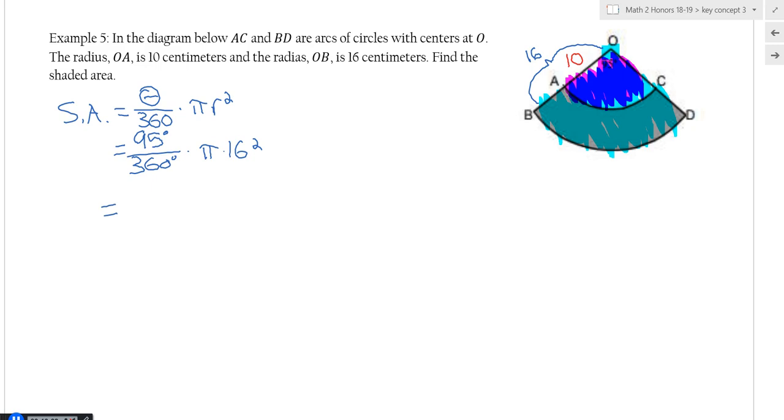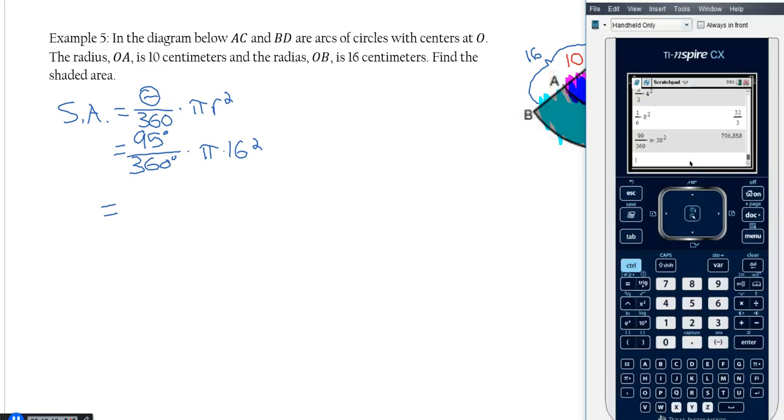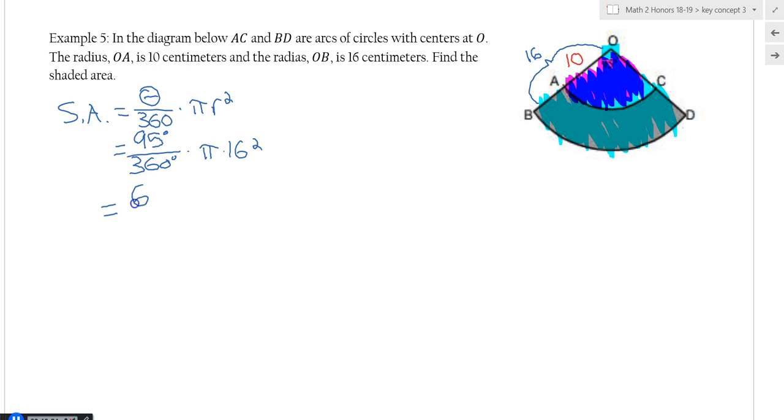This says nothing about rounding, so we're going to leave our answers exact, meaning we don't type pi into our calculator. So 608/9 pi. This is in centimeters squared. Okay, so that's the large sector, that's this whole thing right here.